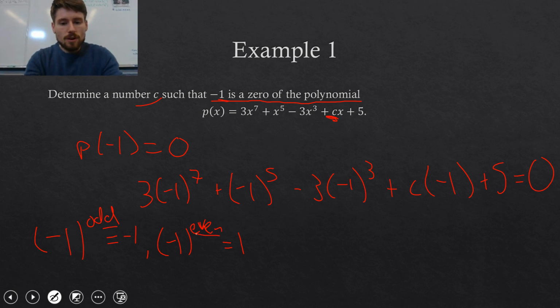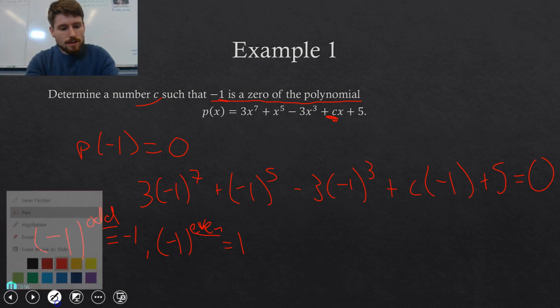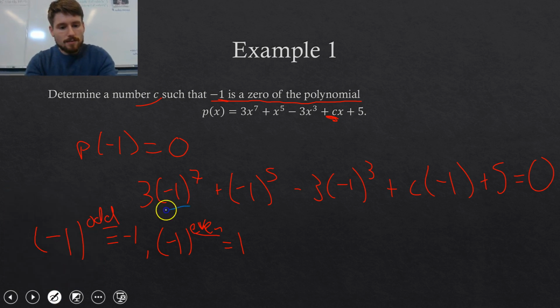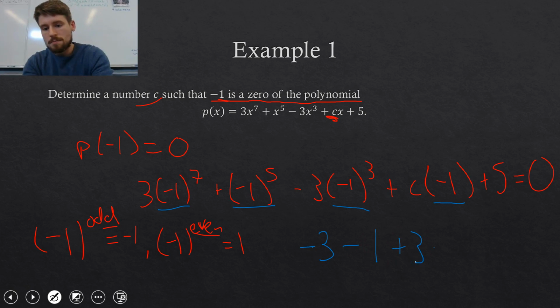Okay, so these are all odd exponents if we take a look. So this is going to give us -1 here. We're going to have -1 for this, -1 for that, -1 for this, -1 for that. So let's go ahead and plug all those in. So we get -3 minus 1 plus 3 minus c plus 5 equals 0.